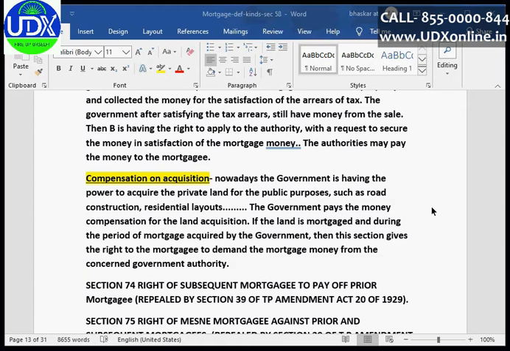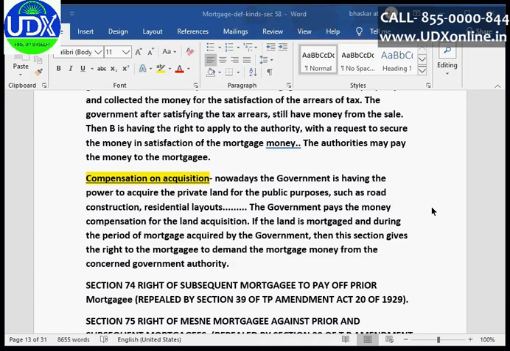The mortgager and the mortgagee both will be present before that authority, and the authority will conduct the inquiry, and the government, after satisfying the existence of the mortgage transaction, can pay the money to the mortgagee.